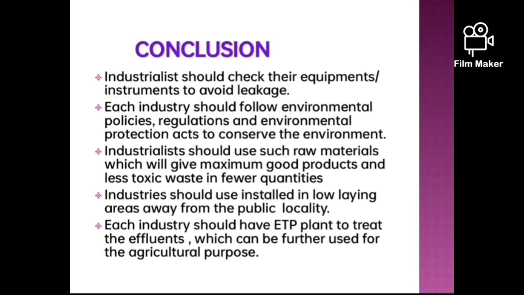Industrialists should use such raw materials which will give maximum good products and less toxic waste in fewer quantities. Industries should be installed in low-lying areas away from the public locality.